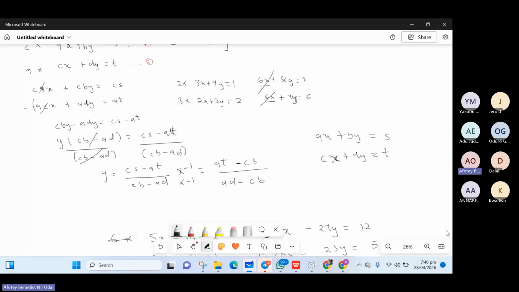Now take a look at this carefully. This is basically equal to, let me use the red pen, the determinant of as ct over abcd.